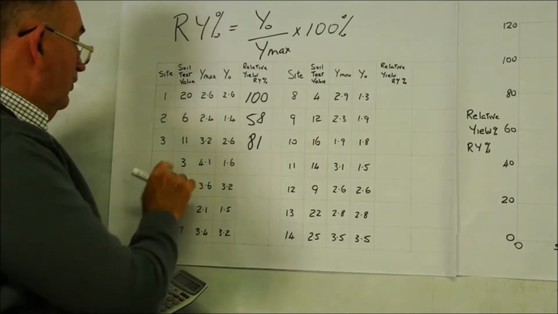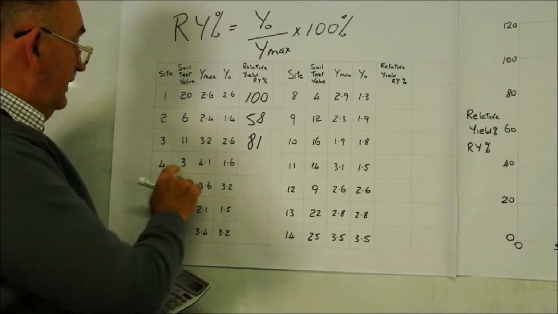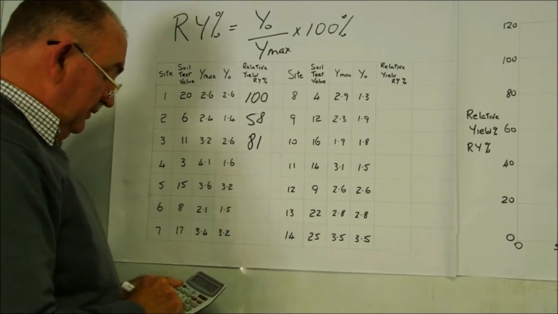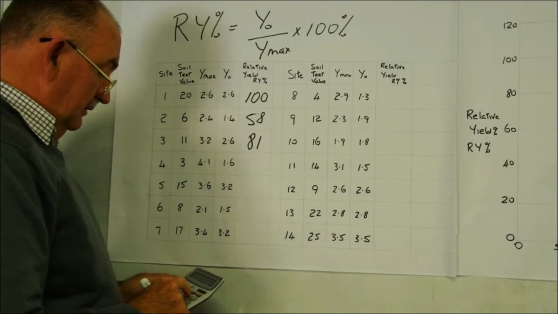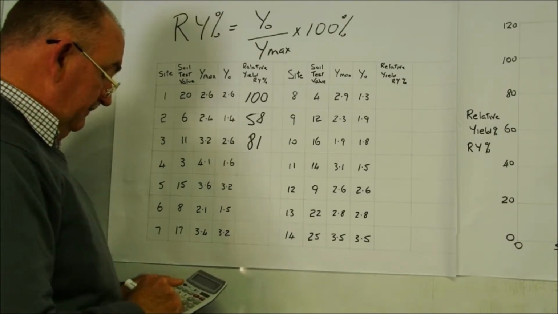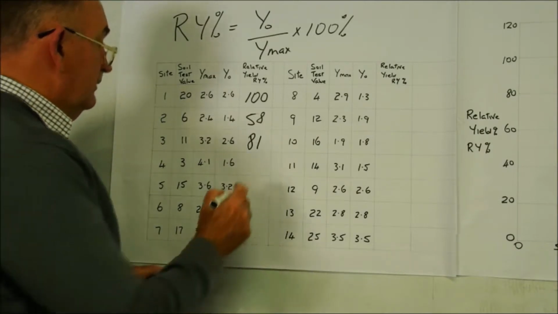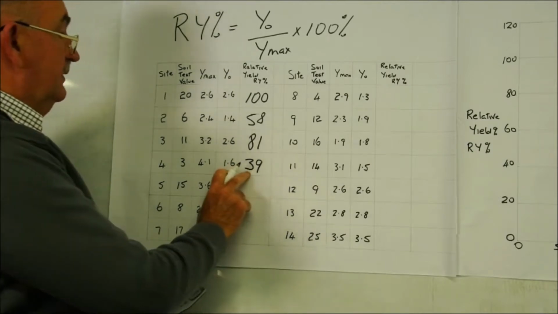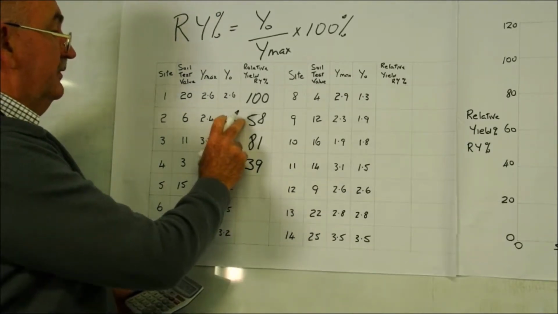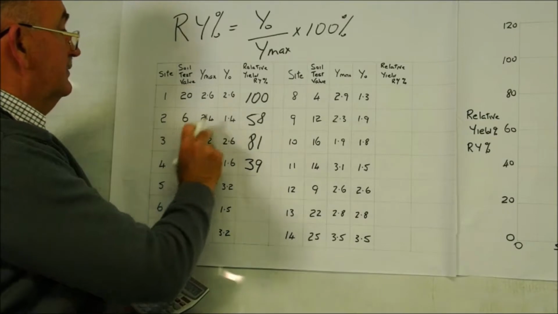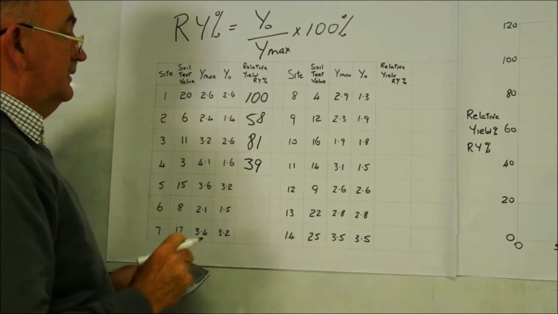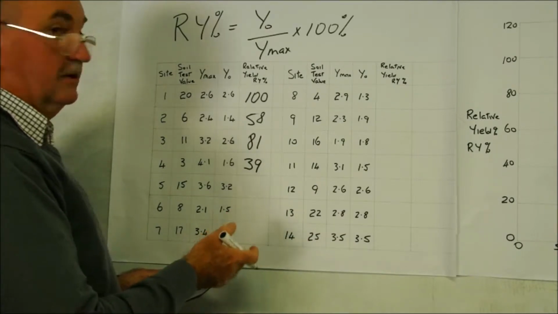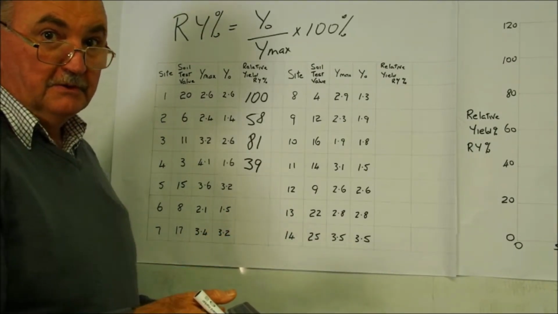And site 4, the lowest recorded value of 3 Colwell P, 1.6 Y0 divided by 4.1 Y maximum, 39%. So a very responsive site, fairly responsive, no response. So what I'll do now, I'll complete the relative yields for the 14 sites, and then we will look at plotting them in a graph, a calibration curve, which is exactly what has been done in the Better Fertiliser Decisions interrogator.